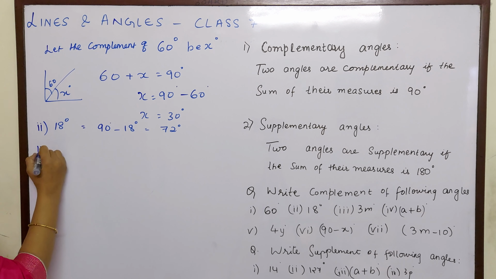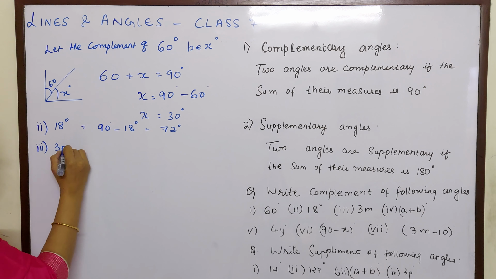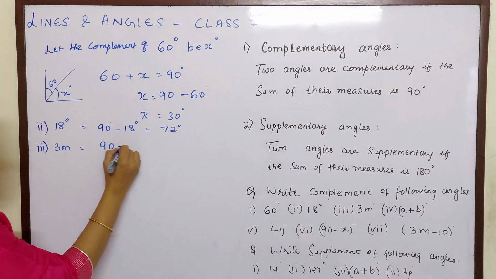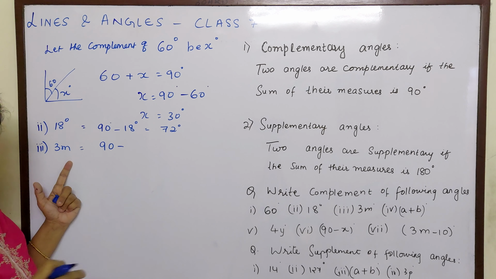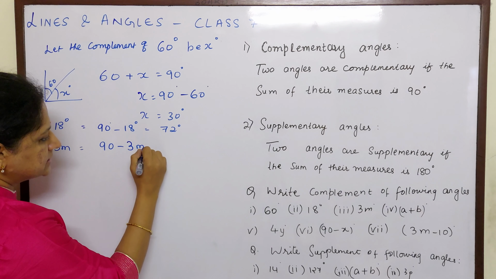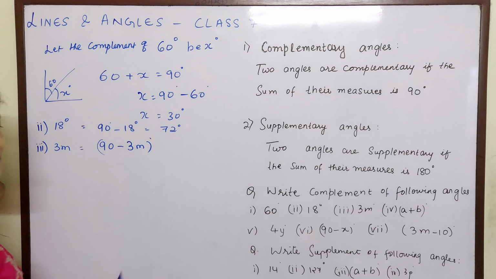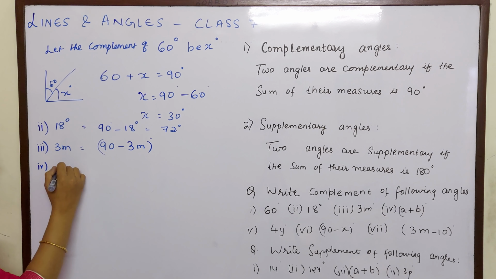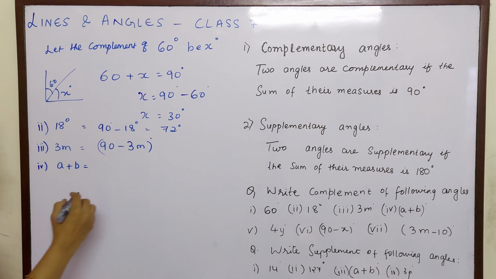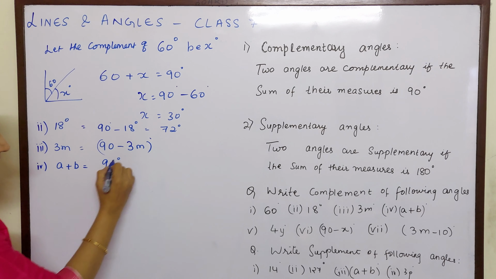What about 3m? 90 minus 3m. Now 3m is only a monomial, so you don't have to put it in a bracket. You can just leave it here because you can neither subtract nor add them as they are not like terms. Next, a plus b. This is a binomial, so we have to subtract it from 90.